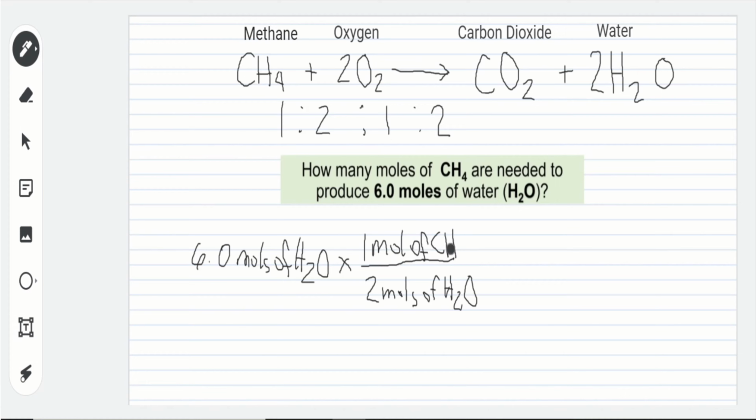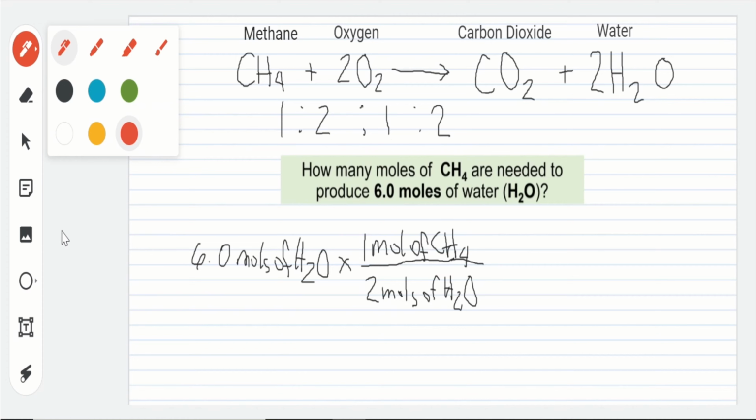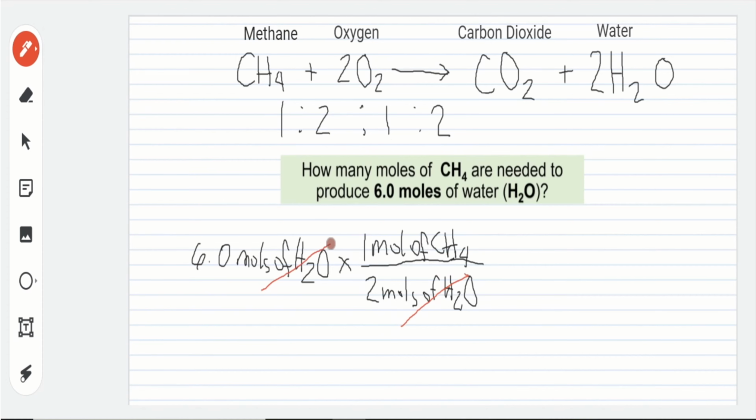So we multiply this with our ratio. The moles of water will cancel here. So we proceed to multiply 6.0 by 1 and divide by 2.